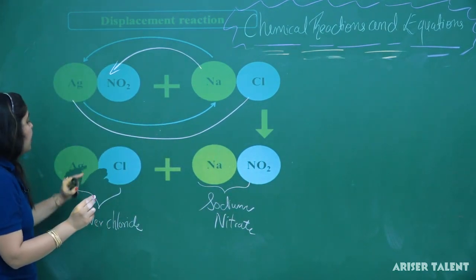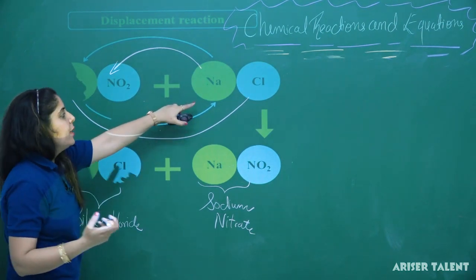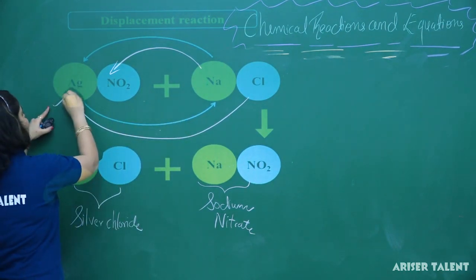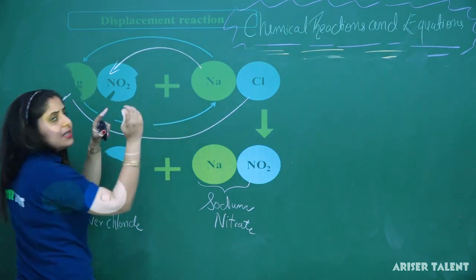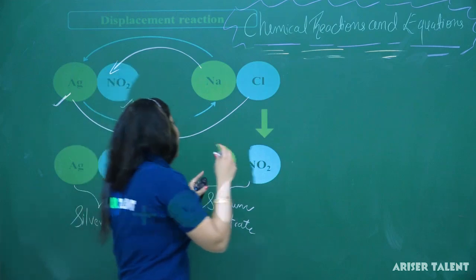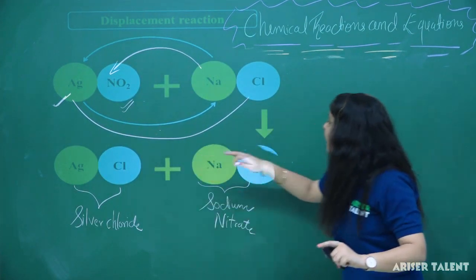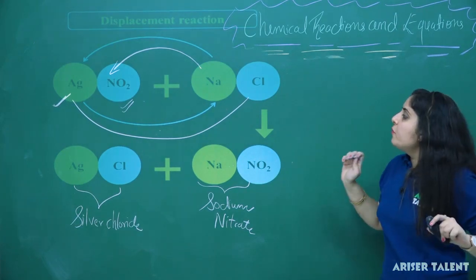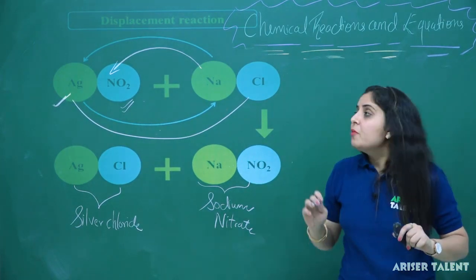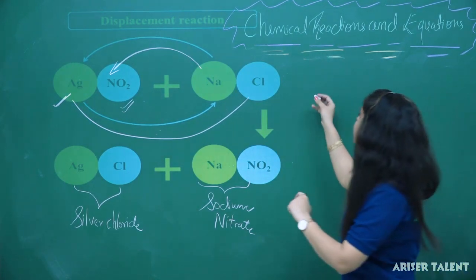Cl is more active as compared to sodium, so Cl will combine with Ag, and Na is less reactive, so it combines with NO2. Here we get the two components, AgCl plus NaNO2. So in this type of reaction, there is a displacement of more than one ion.